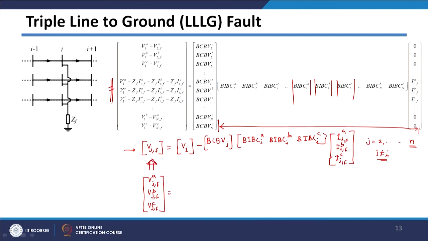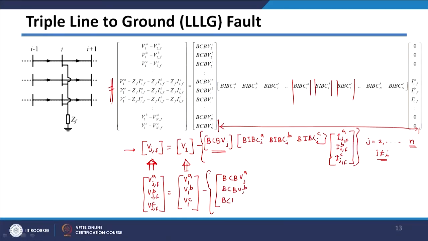So the expanded form of this particular matrix will be something like this: V1A, V1B, V1C minus the expanded form of this particular part of the matrix will be BCBV of J corresponding to A phase, BCBV of J corresponding to B phase, BCBV of jth bus corresponding to C phase.